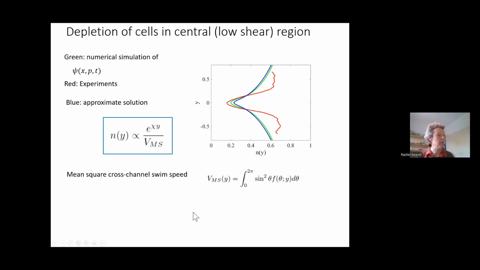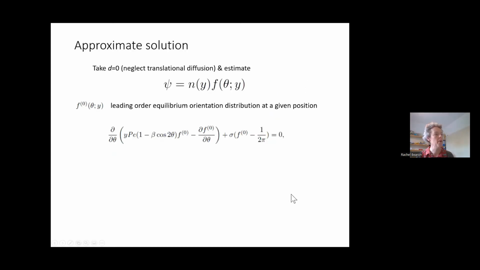The asymptotic solution that we obtain for small epsilon is that the density is proportional to e to the chi y. In this example, chi was zero, the zero chemotactic case, divided by the mean square cross-channel swimming speed. And that approximate solution basically came about by neglecting translational diffusion, and splitting psi into the cell density times the orientation distribution.